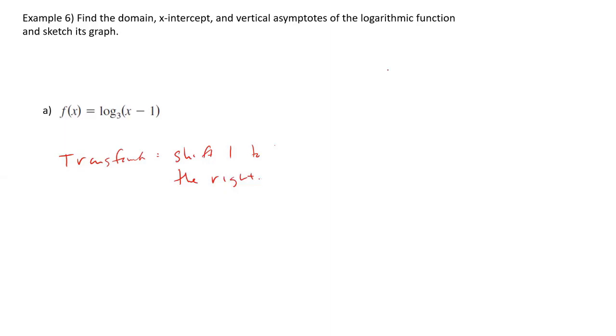There's an important point that all of them go through: 1, 0. So if we shift everything over to the right 1 unit, we get 2, 0. There's my first point.